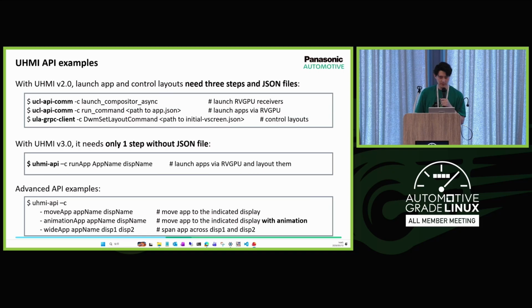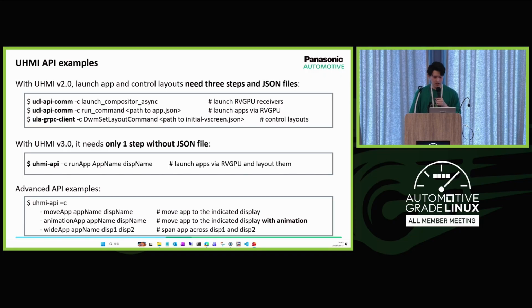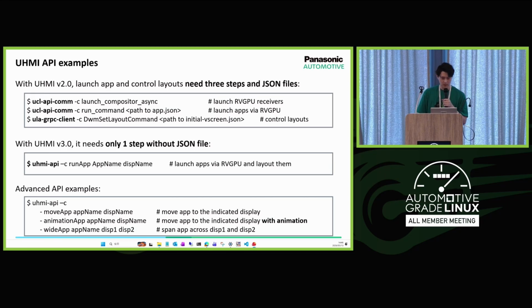Then, applications were started by UCL command using an application configuration file. Finally, ULA layout commands were applied by loading additional JSON files. While this approach was flexible, it also introduced operational complexity.